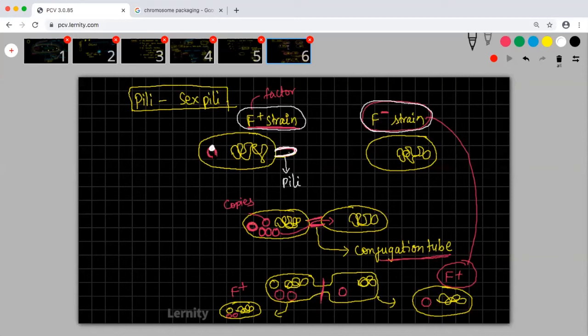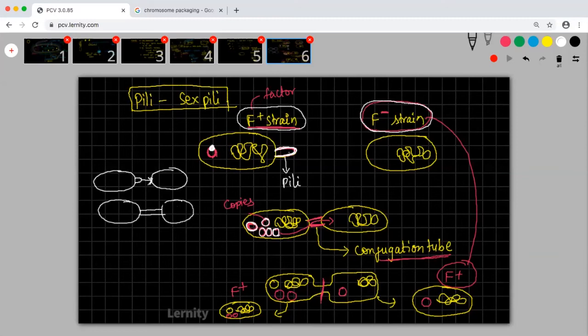So what is this plasmid capable of? This plasmid is capable of making multiple copies on its own. So this bacteria's plasmid factor will multiply. It has multiplied, and this F plus bacteria and F minus bacteria are coming together, and this pili is growing and getting attached with the other, and ultimately it is forming a channel-like structure between these two.